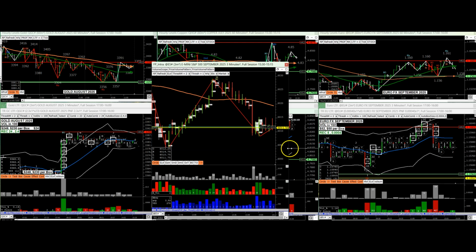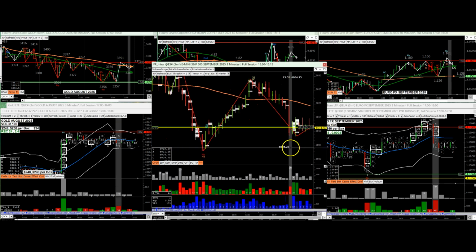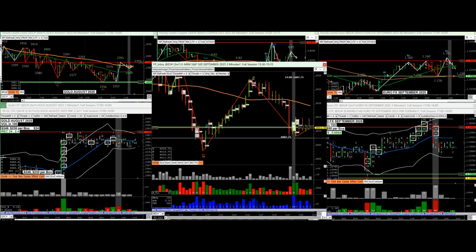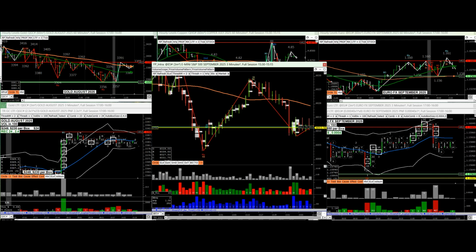Not waiting for the right-hand side, not waiting to get surprised. I want to see it increase as this thing is pulling back, so I can see that the money's coming in, because volume is money. So volume per price is increasing.